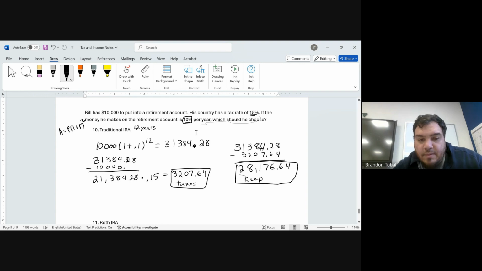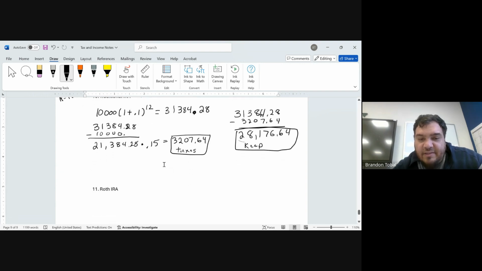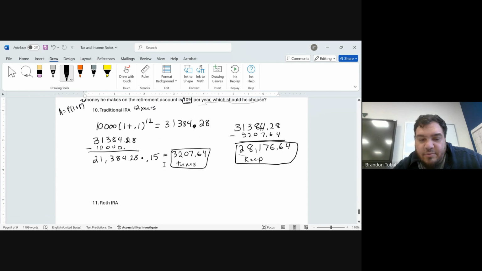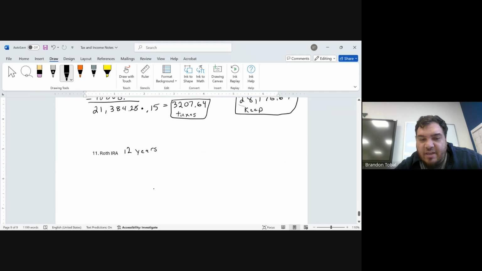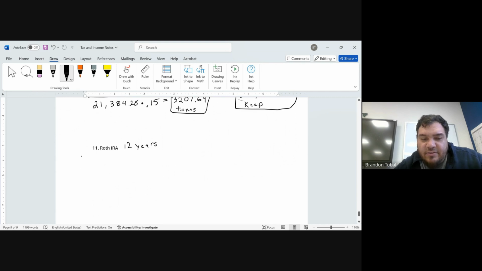Okay. Now the Roth IRA, I think, is the easier of the two. We're also going to say 12 years. I think it's the easier of the two because you calculate the tax first and then you just do everything normally. So I have $10,000, but I have to pay taxes on that.